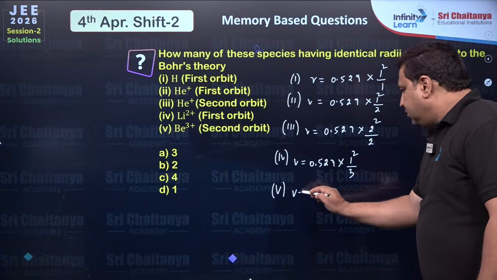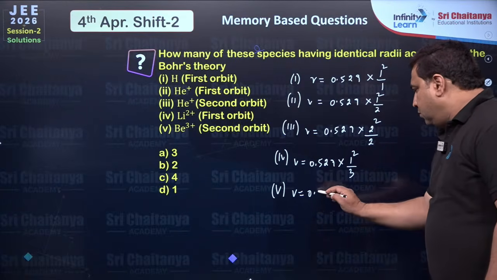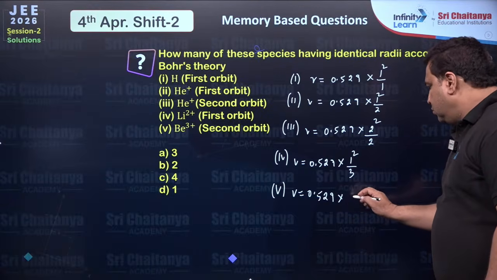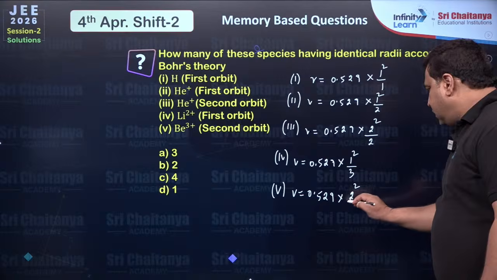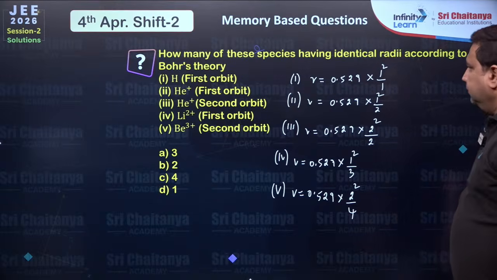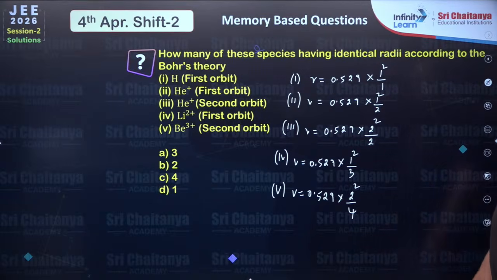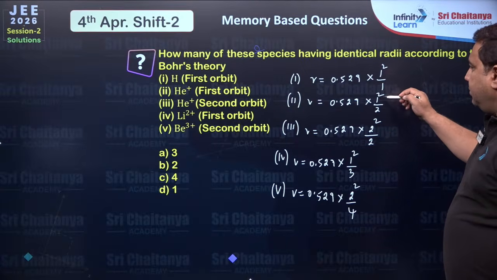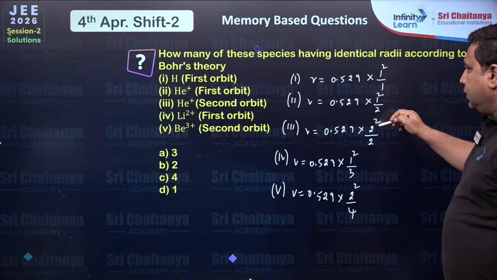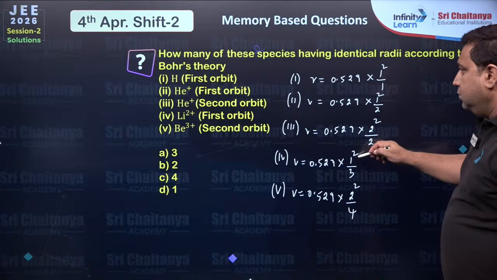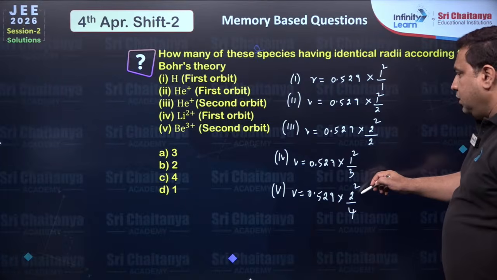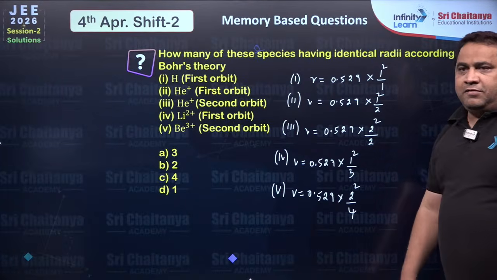Fifth one, R is equal to 0.529 into 2 square upon 4. Right. So let me check: first orbit of helium, second orbit of helium, first orbit of lithium, second orbit of beryllium. Everyone give me thumbs up.